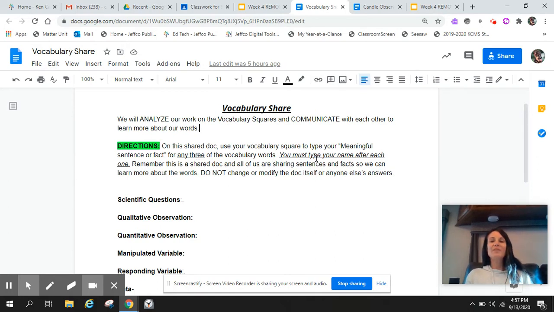So you must type your name after each comment that you make. Remember, this is a shared doc and all of us are sharing sentences and facts so that we can learn more about the words. Do not change or modify this doc itself or anyone else's answers. Okay, that could result in citizenship penalties as well as grade consequences.